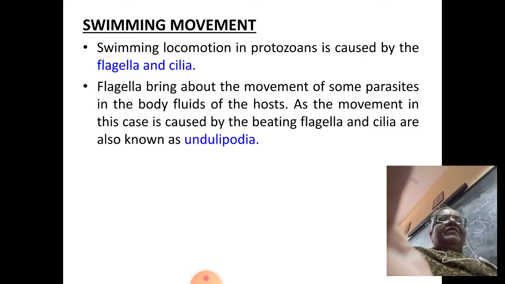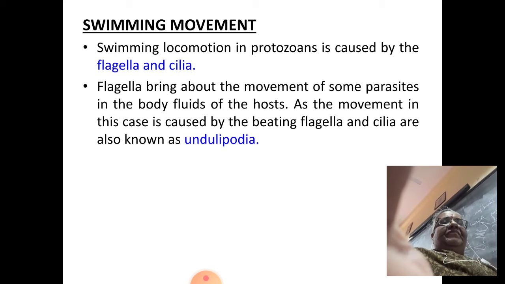There is a parasitic protozoan called Trypanosoma which swims in the body fluids, and there also the swimming movement is brought about by the flagellum, and cilia are also involved. The movement in this particular case is caused by beating of flagella and cilia, especially in parasitic protozoans.